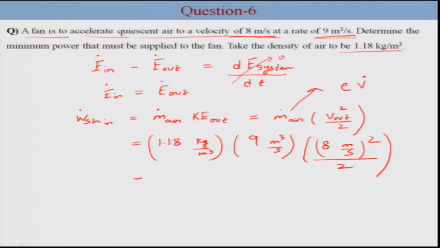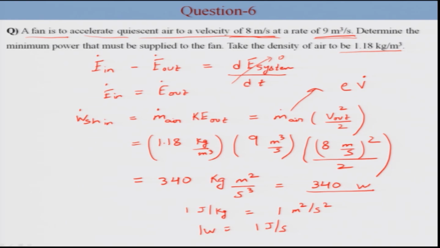So, this comes out to be 340 kg meter square per second cube, which is equivalent to 340 watt, as 1 joule per kg is equivalent to 1 meter square per second square and 1 watt is 1 joule per second. This is the minimum power required if there are no heat losses. So, let us end this lecture and see you in the next lecture.